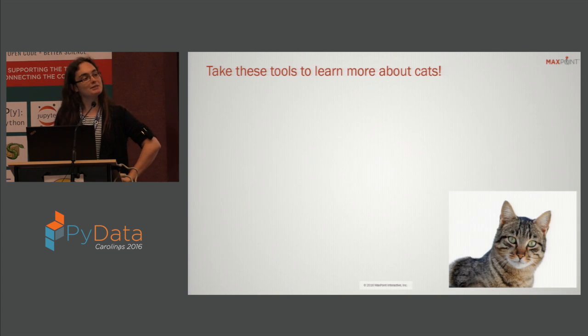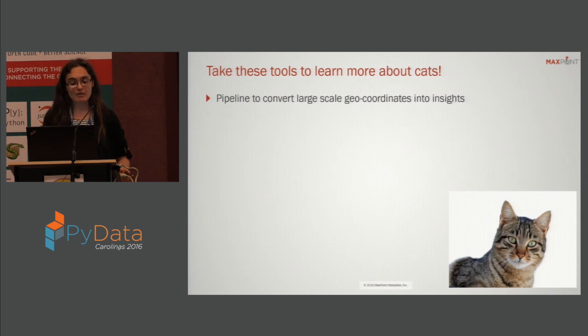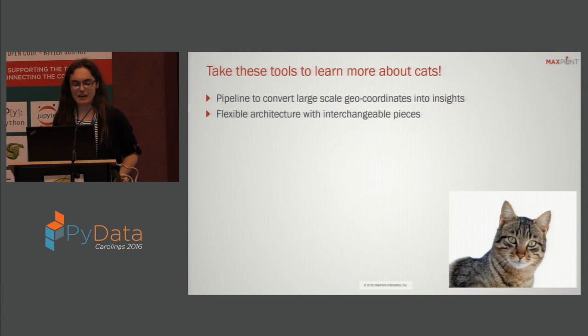So now it's time to take these tools to learn more about cats or whatever you would like to learn about. I've presented a pipeline to convert large-scale geocoordinates into insights. I've given a flexible architecture that has interchangeable pieces. Again, everything's modular. We're able to switch out Impala for Spark.